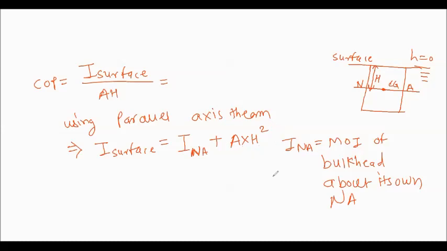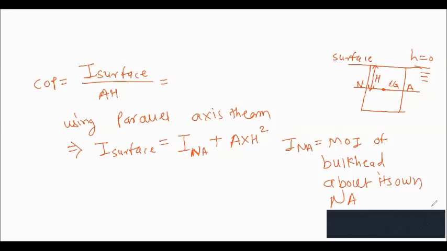Now what is H? H is the distance between the neutral axis and the surface, that is the gap between the surface and the neutral axis. In this case it is H.